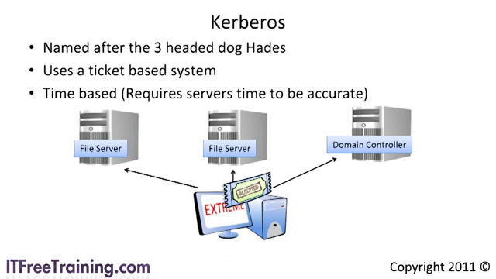To use Kerberos effectively means all the time clocks on your servers have to be accurate. When you set up a domain, one of the domain controllers will generally have its internal clock synchronized to an external time source, and the other servers and clients will sync their time from a domain controller. When possible, you should use Kerberos.